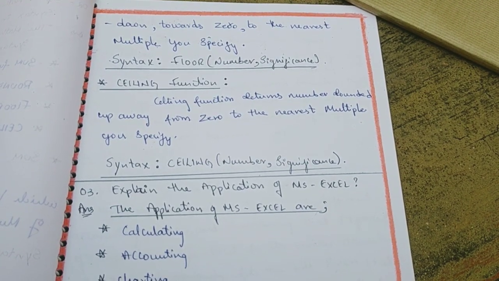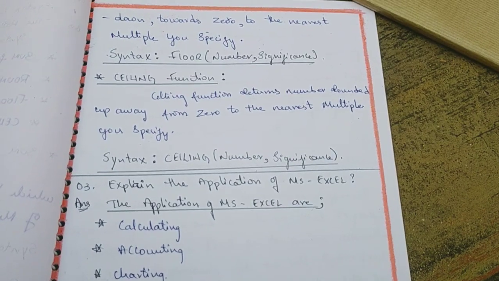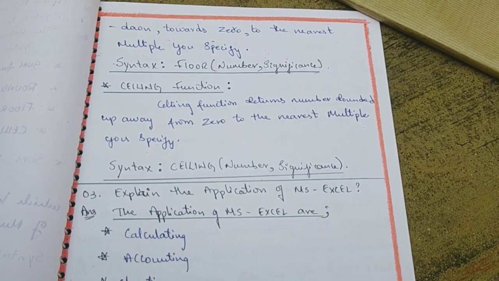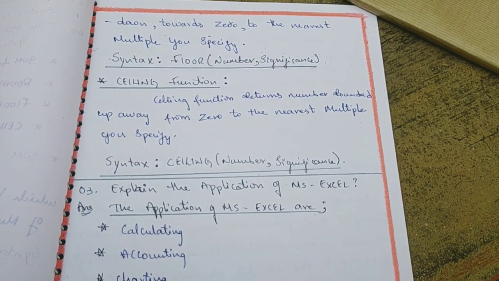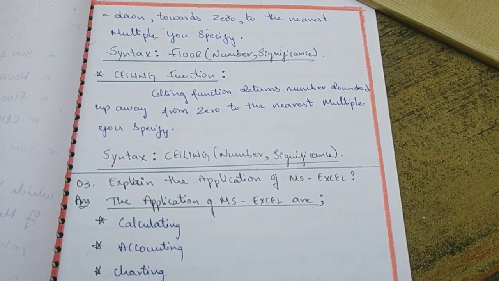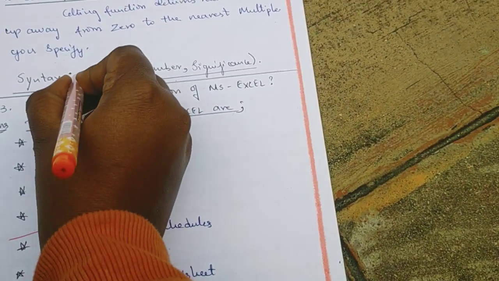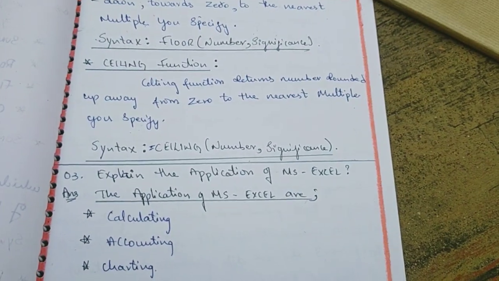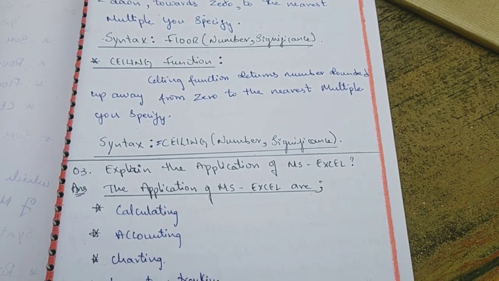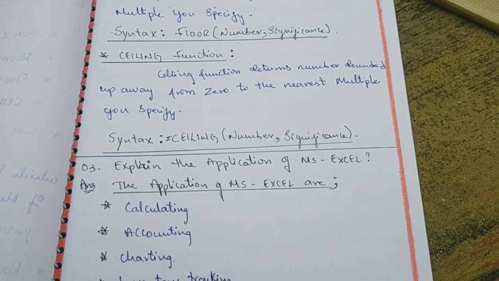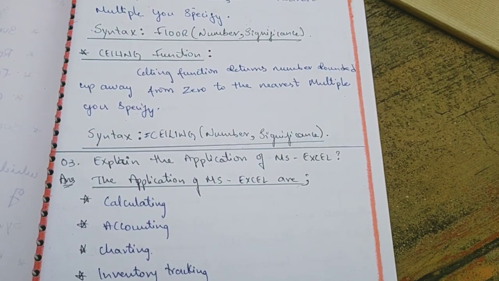This CEILING function is away from 0, the reciprocal. The syntax is CEILING, and you should mention equals in all the Excel formulas which you enter. Equals CEILING open bracket number comma significance. Significance is the particular decimal value you give with it.